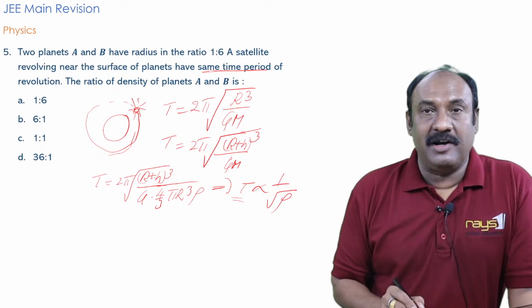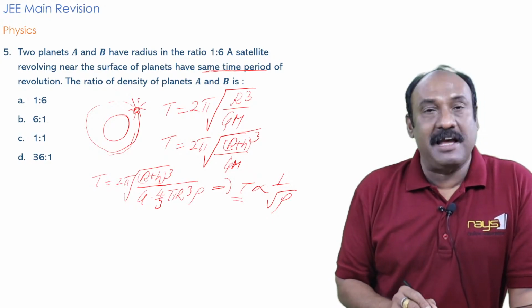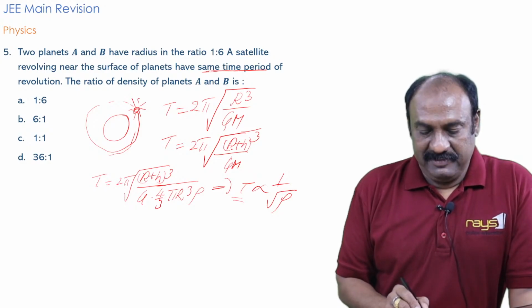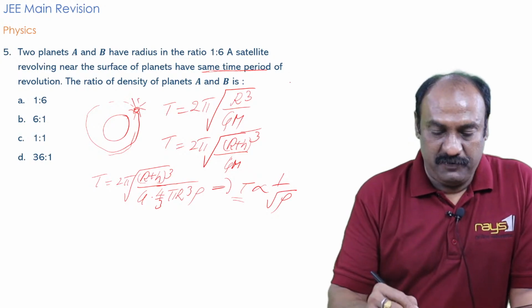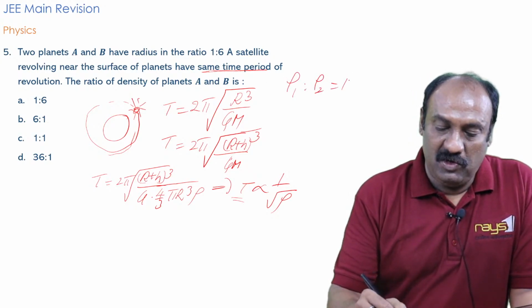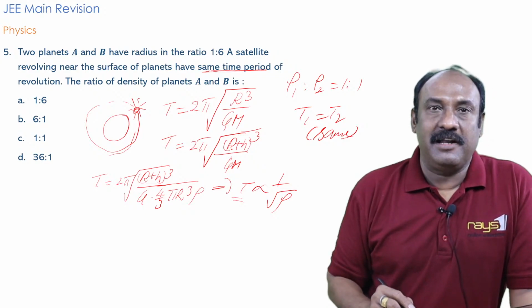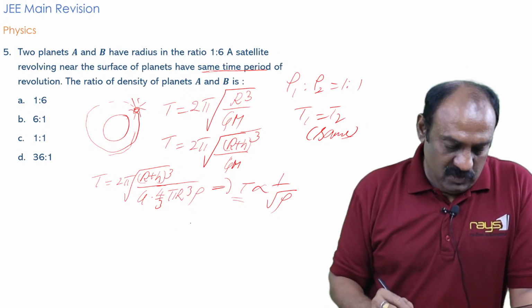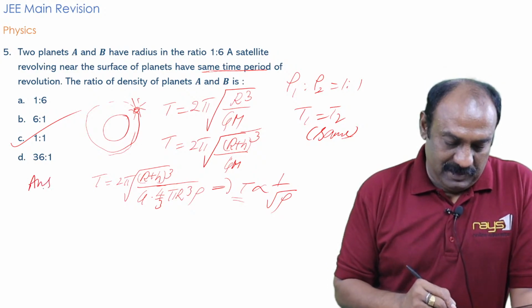When it is converted into radius, this r cubed gets cancelled, so time period is independent of this term and depends on the density of the planet. Therefore the ratio of densities rho 1 to rho 2 is 1:1, because time periods are the same according to given data. So the ratio of the density of the two planets is 1:1, the answer for question number 5. So answer is C.